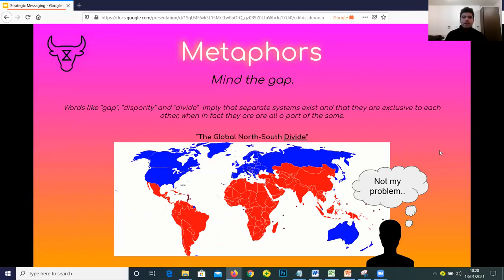So in the example we have here, the global north-south divide, the feeling that people might get, especially the persuadables, would be that there's an actual physical divide between the north and south. And if you're in the global north, the issues of the global south are separate to you.